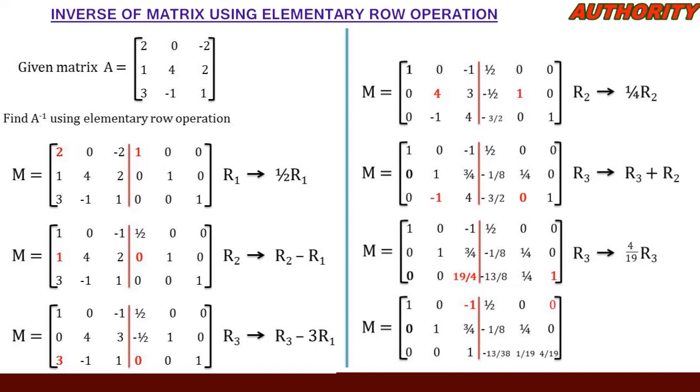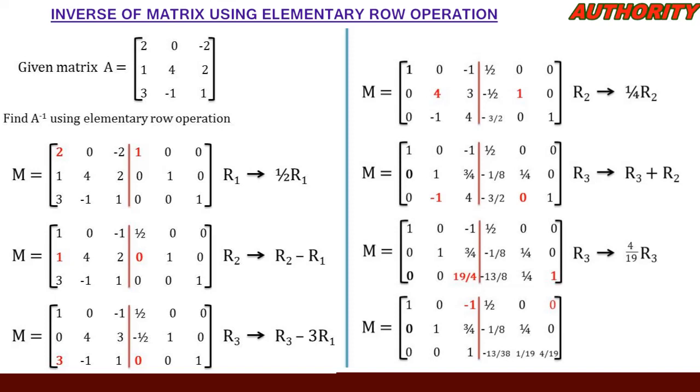So 1 all over 4 multiplied by 4 all over 19 is going to give you 1 all over 19. The next element is 1. So 1 multiplied by 4 all over 19 is equal to 4 all over 19. All right, we have succeeded in making some few elements look exactly like the identity matrix, remaining 2.